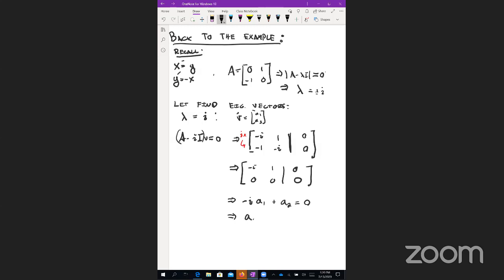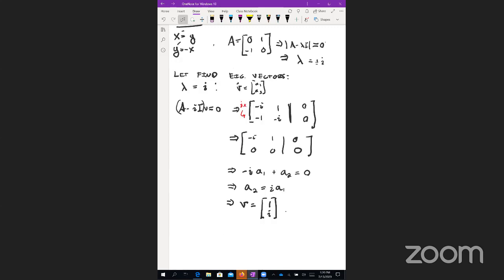So A2 equals I times A1, and V equals I. Okay, and in the interest of time, it's worth checking that. Well, okay, actually, do it first.